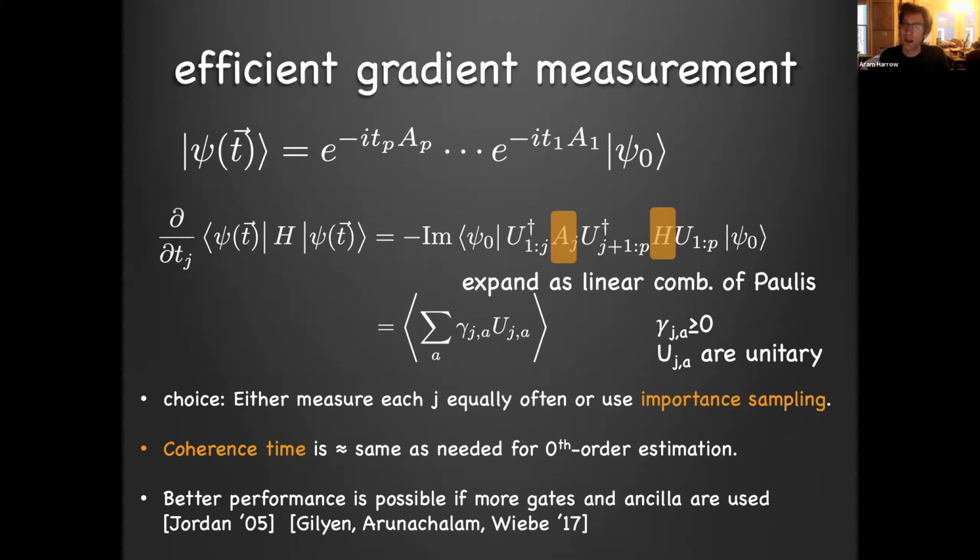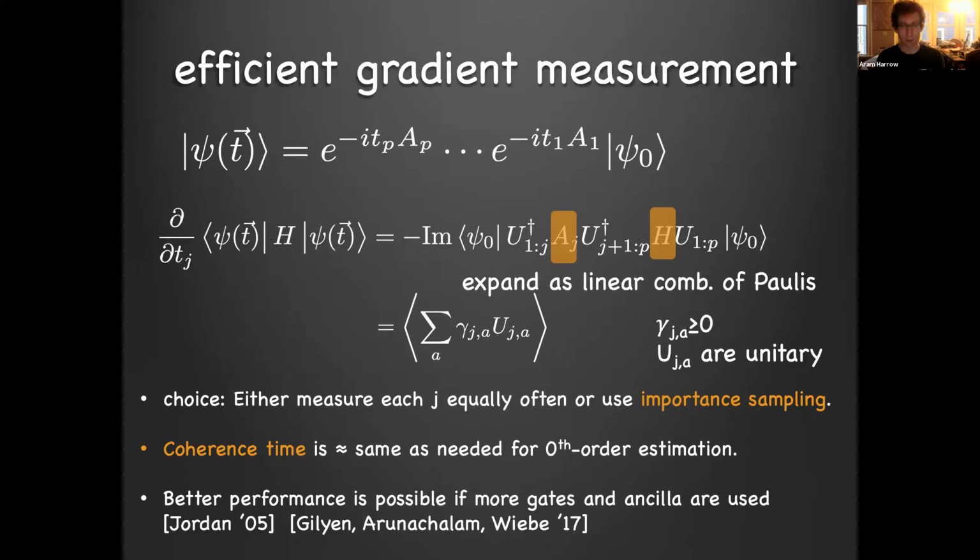Some of the early works on variational algorithms suggested that this was a better way to go, because when you measure the energy, there are many commuting terms, and you can measure them all at once. And when you measure the gradient, you cannot; each run of the quantum computer just estimates one term in the gradient. So it was maybe a little surprising that you're still better off doing this.